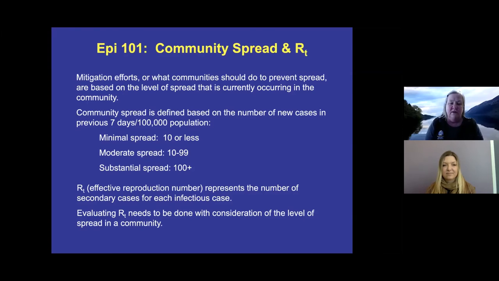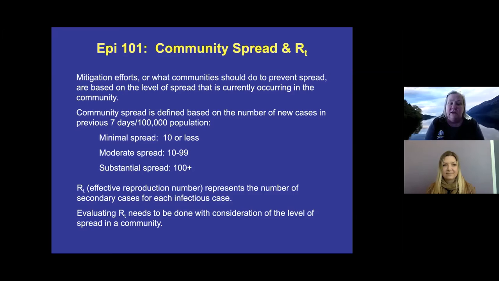Moderate spread is 10 to 99 new cases, and substantial spread is 100 or more new cases in the previous week per 100,000 population. So for Brookings, with a population of 35,000, that's about 35 cases in the previous 7 days that we have to get below in order to get out of substantial spread.